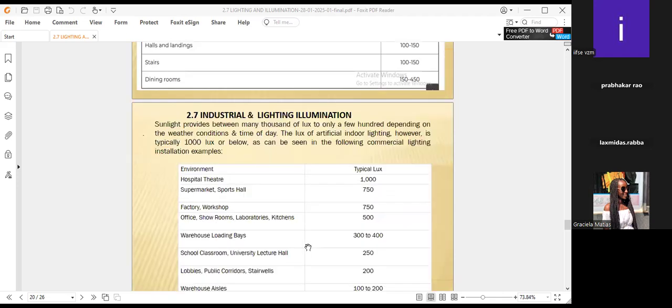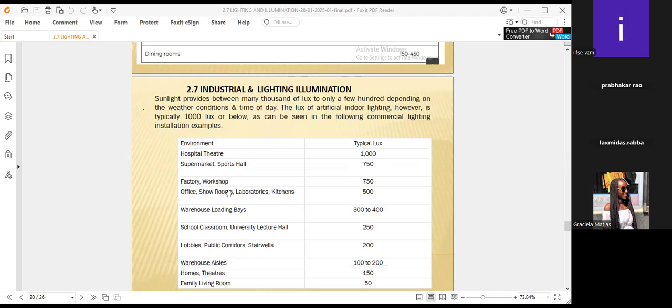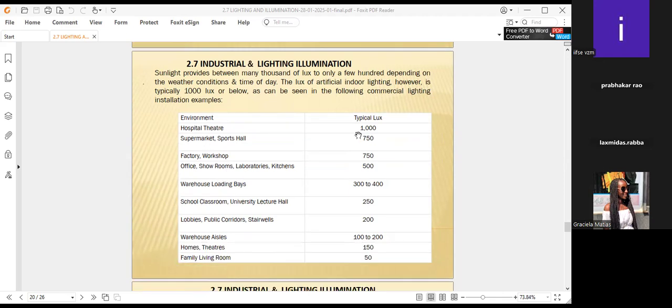Another thing we have given: the sunlight provides between many thousands of lux to a few hundreds, depending upon the weather conditions and time of day. The lux of artificial indoor lighting is typically 100 lux or below. For example, a hospital theater, 1000 lux is the typical one.